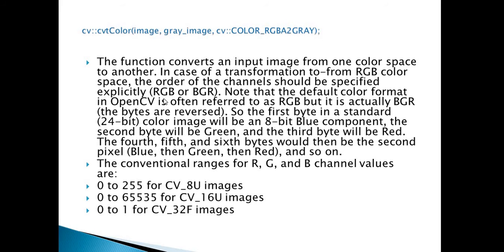The cvtColor function converts from one color space to another, and it supports an 8-bit image with range 0 to 255, a 16-bit image with range up to 65,535, and a 32-bit image with range 0 to 1.